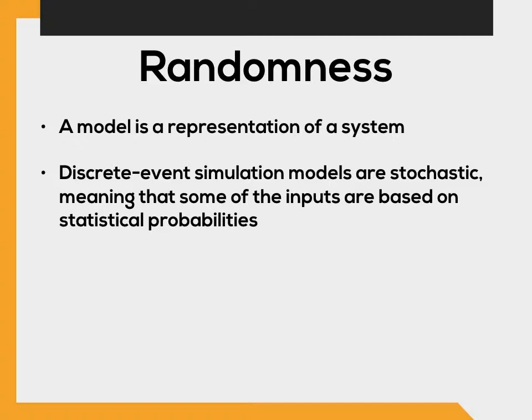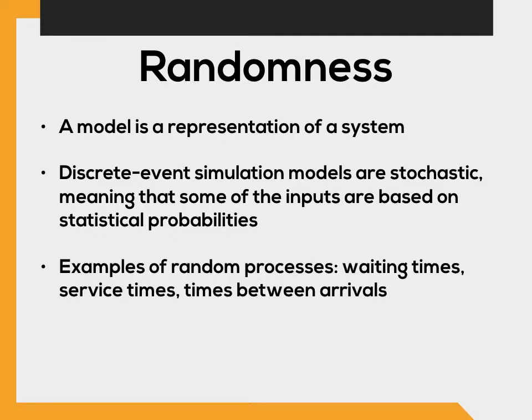Now, if you think about this a little bit, you know that some inputs are constant. They're expected. We know what they are. For example, if a production line gets a delivery from a supplier at the same time each week and a known quantity is delivered, that would be an input that is known. It is not variable. It is not random.